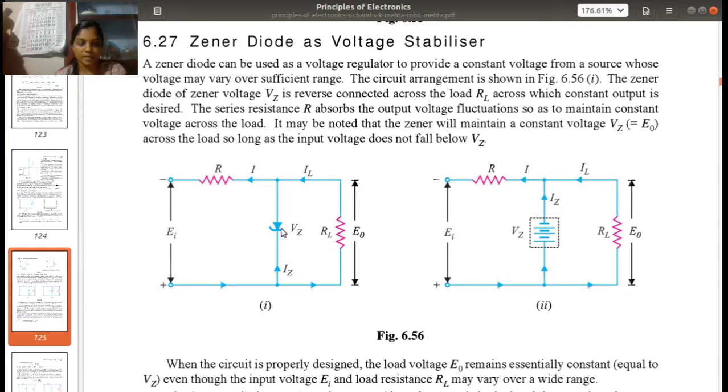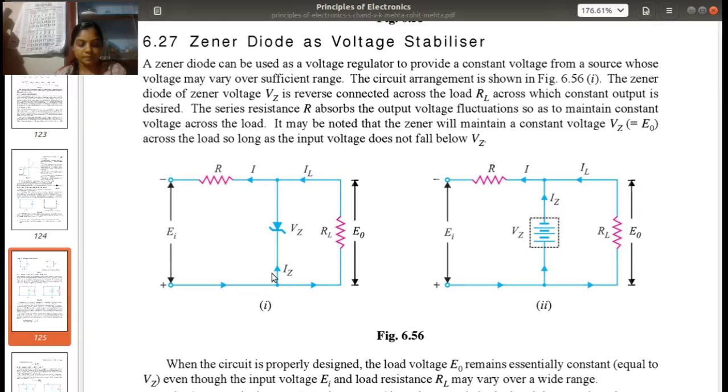The extra voltage will drop across this resistor, because the Zener current is increasing. This causes an increase in voltage across the series resistor, so that the output voltage is not affected. This output voltage is constant irrespective of the change in the input voltage.